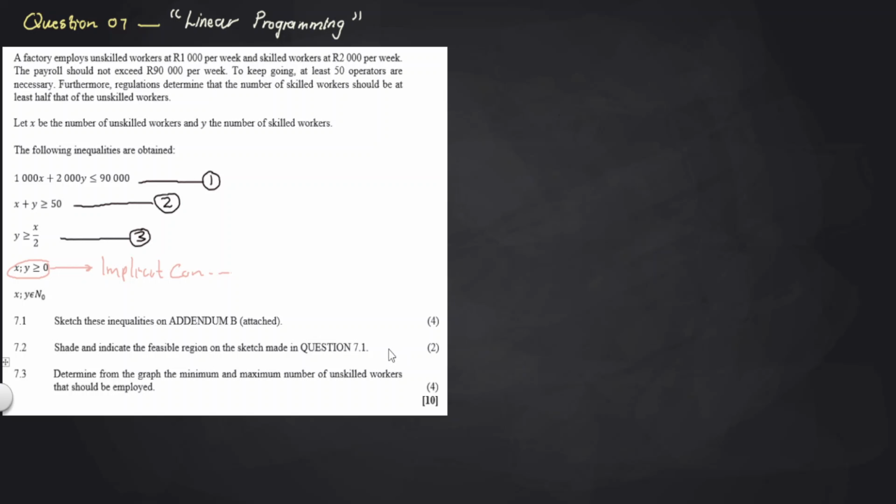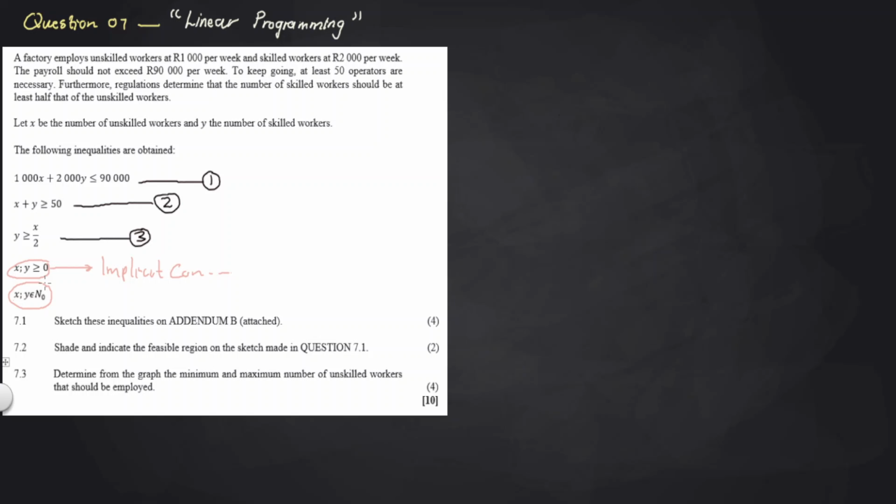Actually, the implicit constraints are the y-axis and the x-axis in the first quadrant. And then this is not a constraint: x, y is an element of the natural numbers.